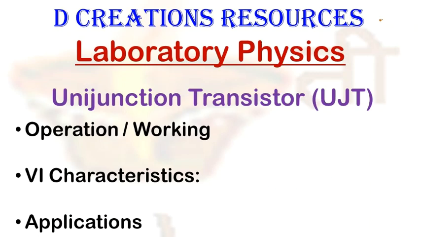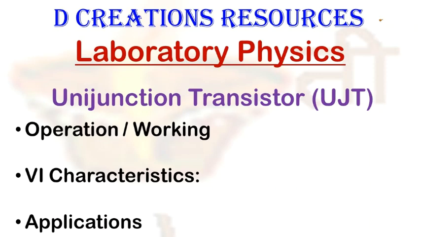Because of this, the region is called the negative resistance region, and it is the most important region if you are thinking of applications. For example, when the UJT is operated as an oscillator, it works in the negative resistance region.